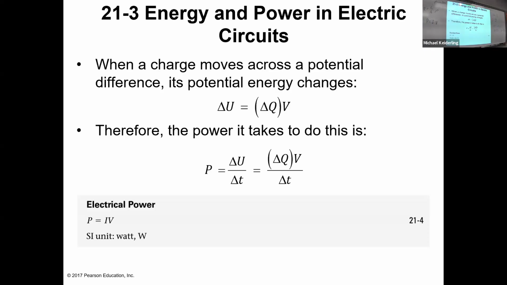So to figure out the power of something in watts, you just multiply the current times the voltage. So that's nice and straightforward.